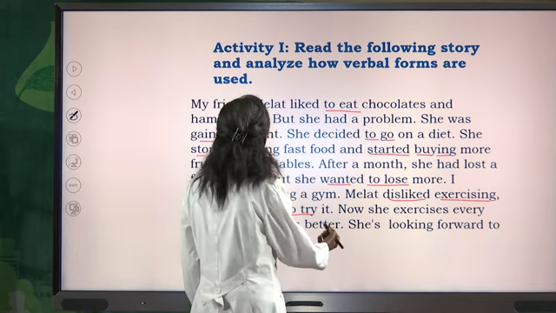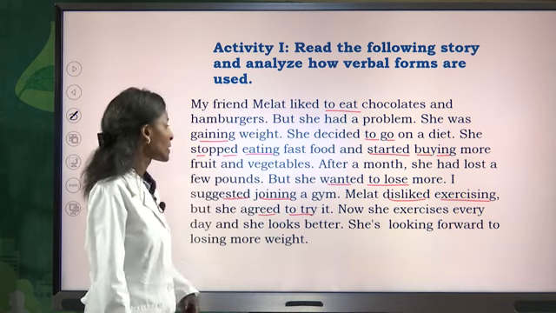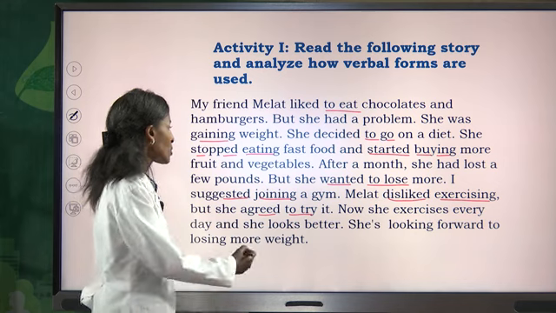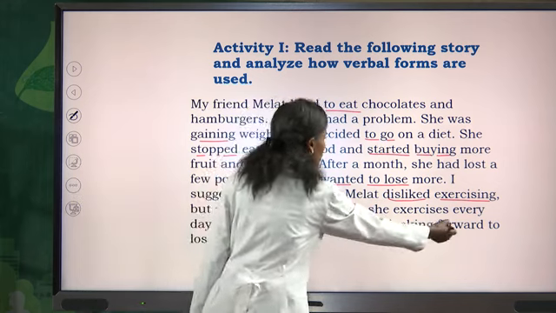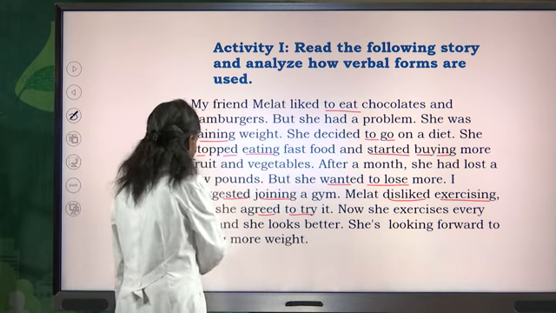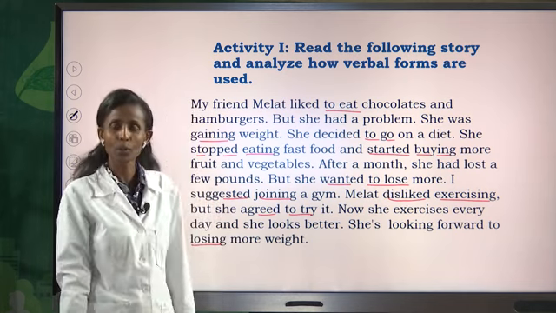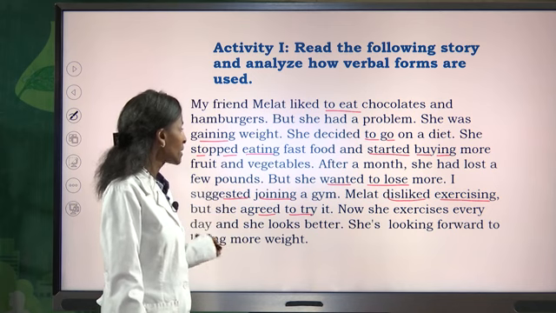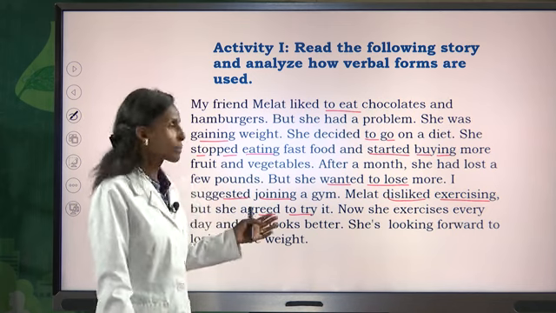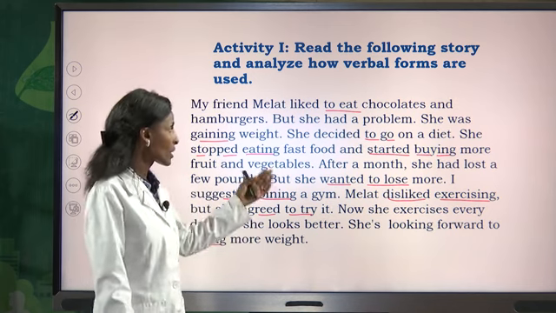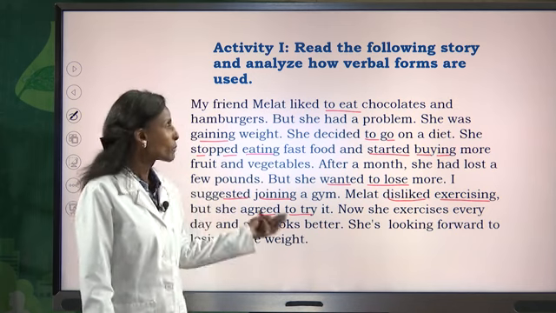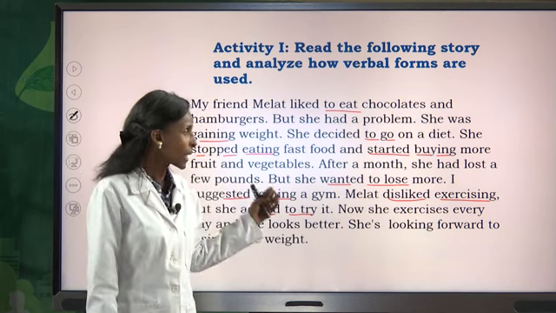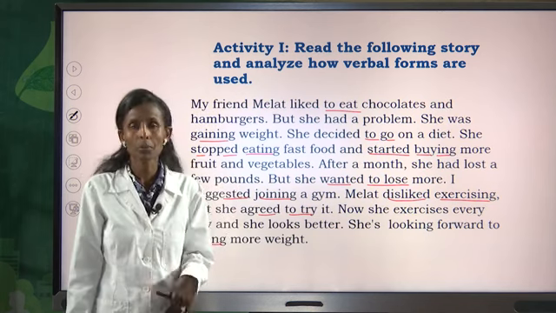Now she exercises every day and she looks better. She's looking forward to, you see, looking forward to is a verb phrase, which is followed by a gerund, losing. So this paragraph or story can tell us that there are verb forms which could be considered as a gerund or an infinitive with to, which can be used as a noun, which means as object or subject of a sentence.